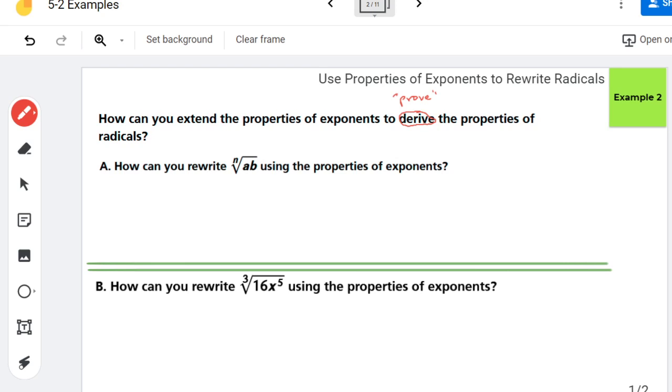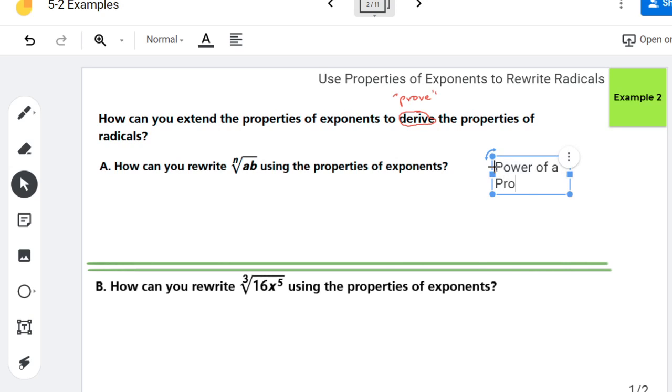All right, so here in example 2, part A, I want us to remember the power of a product property. I'm going to write that down because Lord knows I won't be able to say that again. Power of a product property.